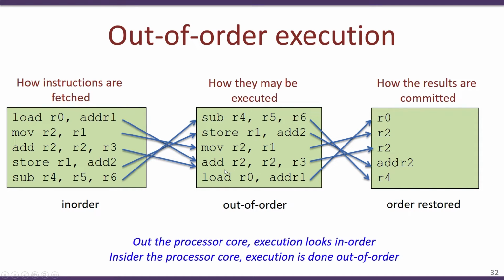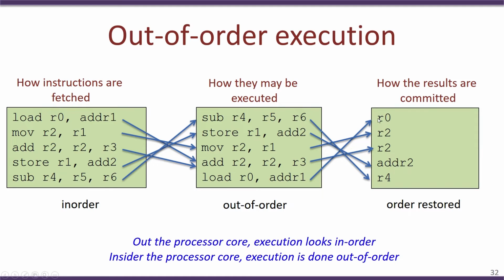What we notice over here is that since all of these instructions are independent of each other, the ordering of these instructions will not matter. What does matter, and what is done in the processor, is that at the end of execution the results are committed in order.